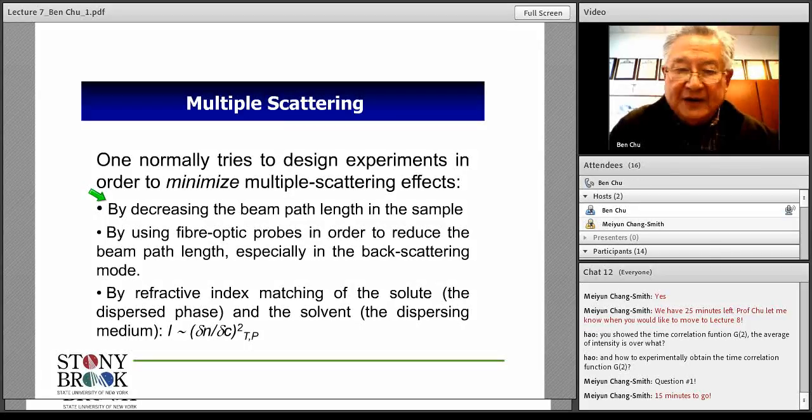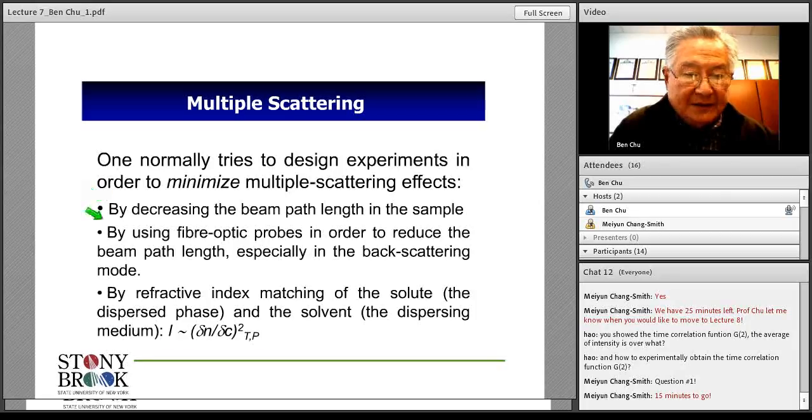Or you can go even thinner by using back reflection measurements, but that will keep you from being able to obtain all the scattering angles. And then, as I introduced, there are fiber optic probes to reduce this. You can use them in the backscattering mode.